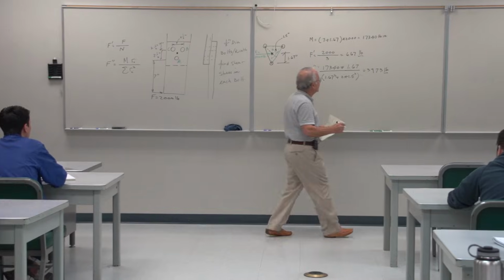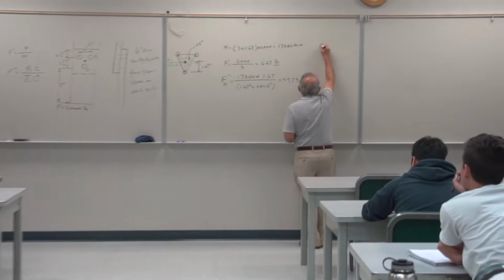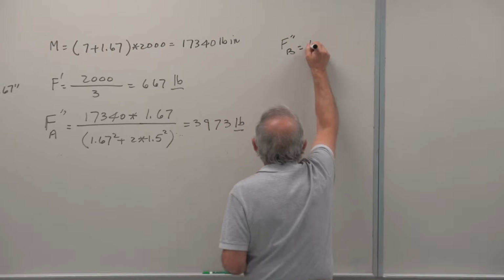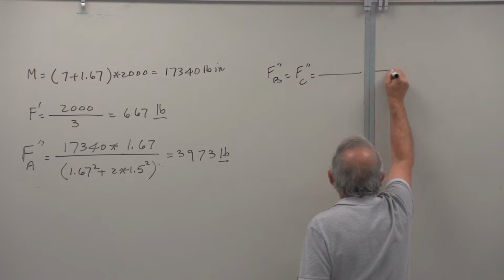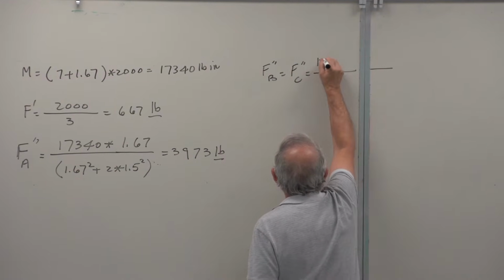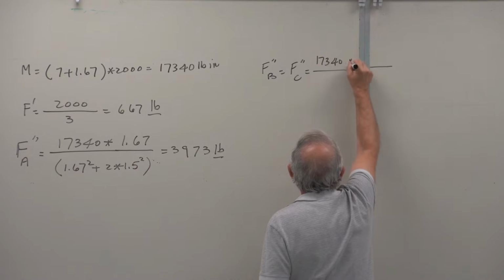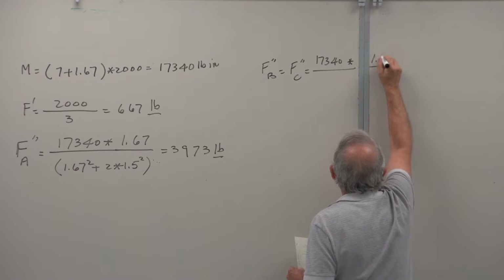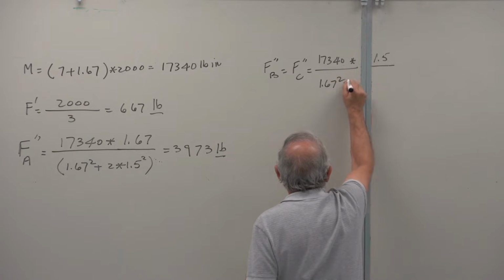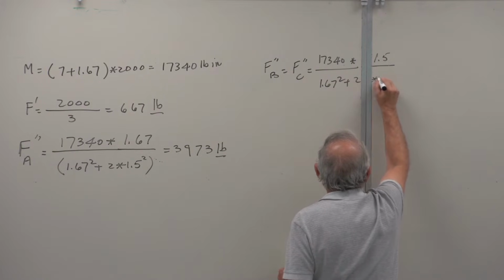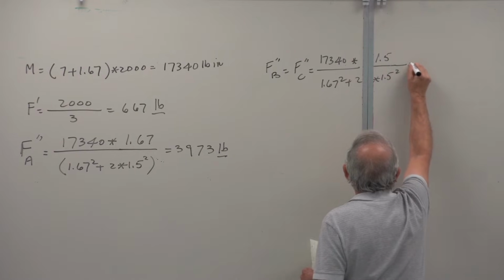So we say F double prime B equals F double prime C equals the moment, 17,340, multiplied by 1.5 divided by 1.67 squared plus 2 times 1.5 squared.